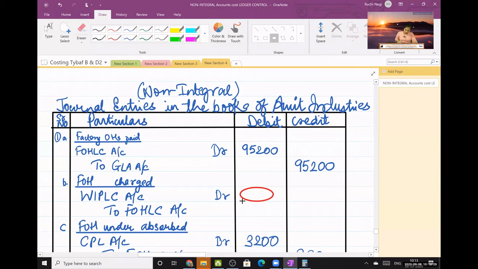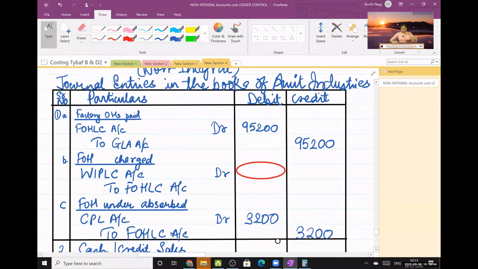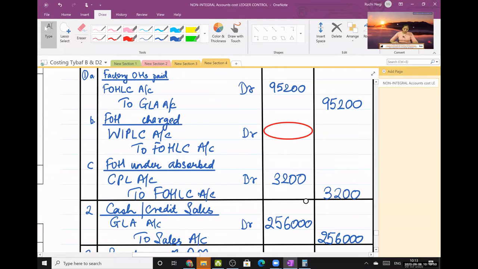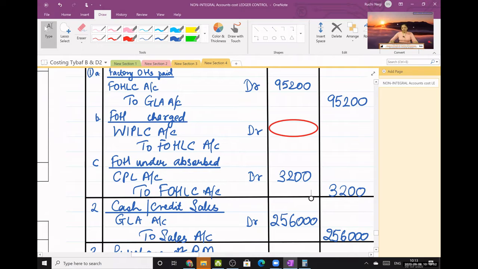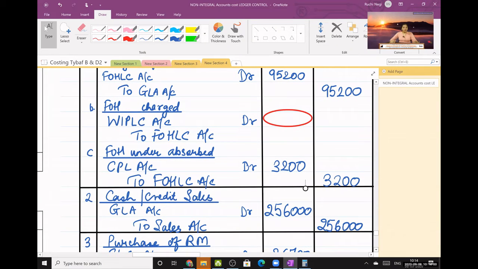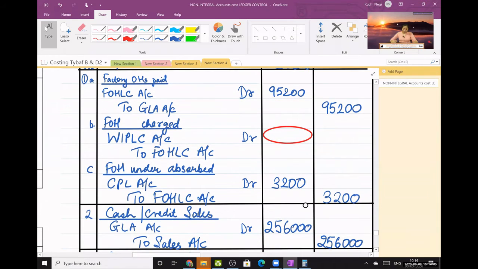This is going to be the balancing figure. So we will see from the ledger what the balancing figure comes to, we will see that later. Okay, for now just understand this. FOH under absorption is a loss, so CPL will be debit to FOH 3200. So the first twist of the sum is done: FOH paid, charged, and absorption.